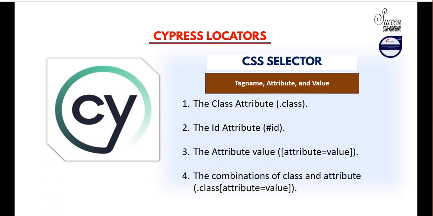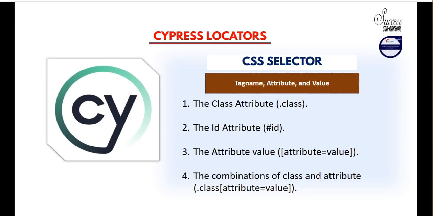When you are making use of the attribute value, you make use of the attribute, then the value. When you are making use of a combination of class and attribute value, then you make use of dot, class name, then the attribute and the value in a square bracket. This is how to make use of CSS selector in Cypress.